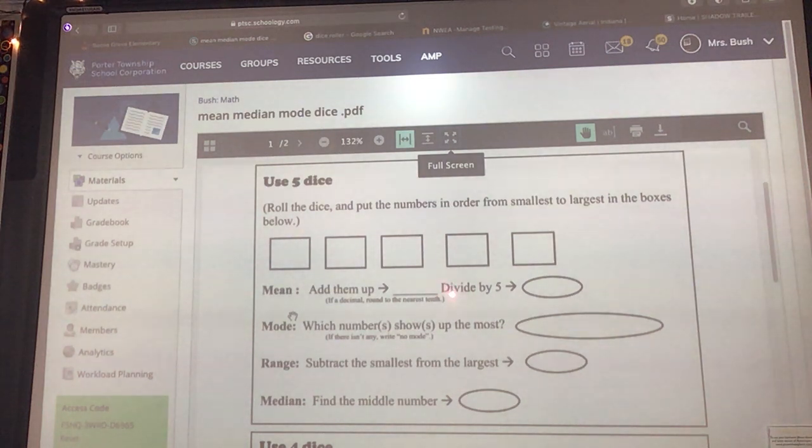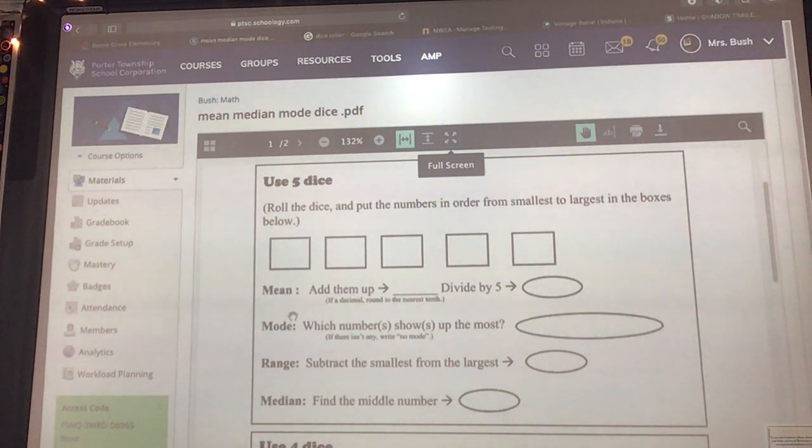And then the next direction says divide by 5. So what is 15 divided by 5? 3. So in this circle right here, you write a 3. And that is our answer. Our mean is 3. That means our average. Any questions so far?